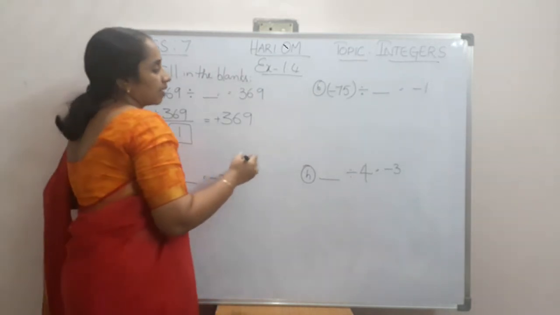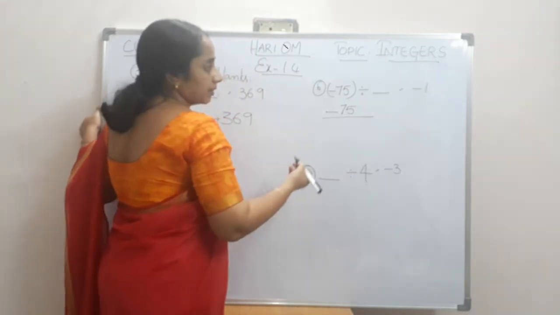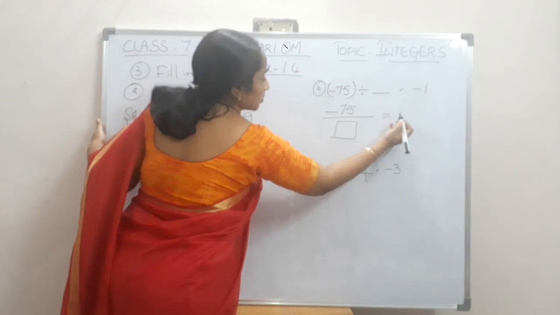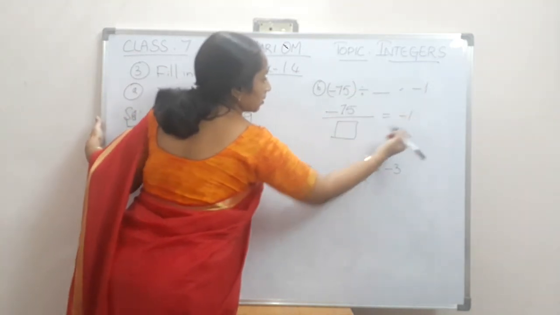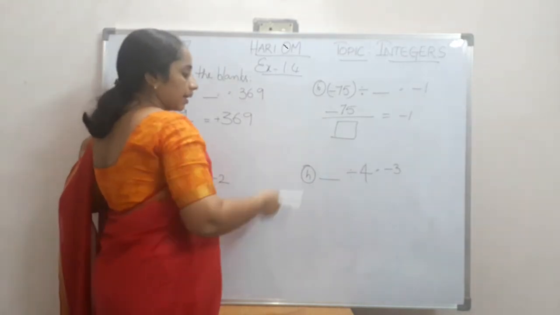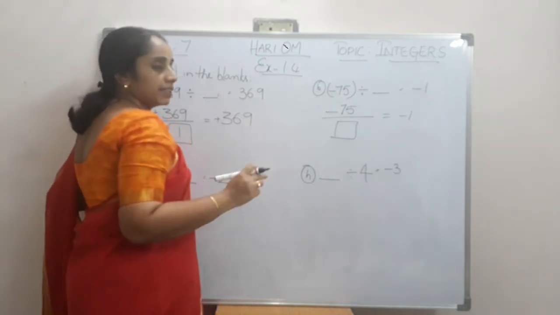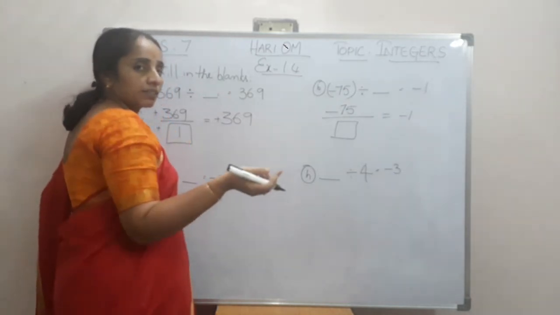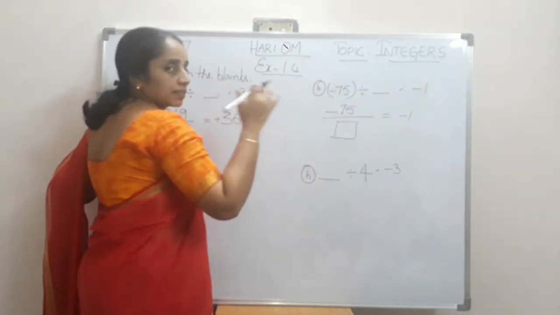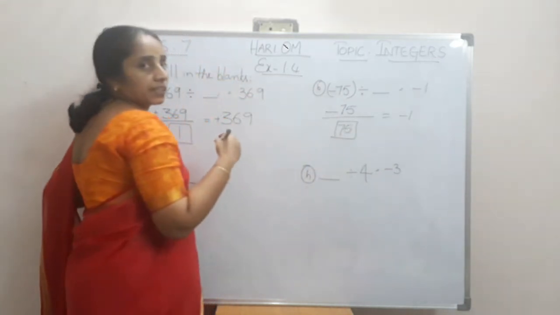In the same way, here minus 75 divided by some number should give the result minus 1. Which number? I already discussed this in the earlier example. 75 into 1 is equal to 75, meaning we get 1 as the result, so the divisor is also 75 only.